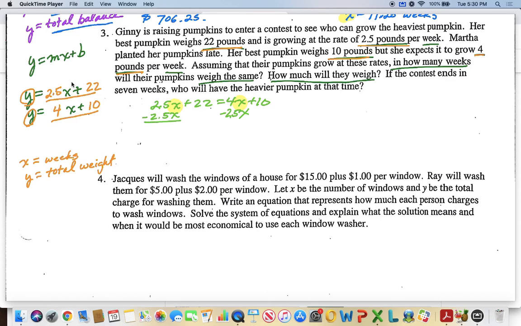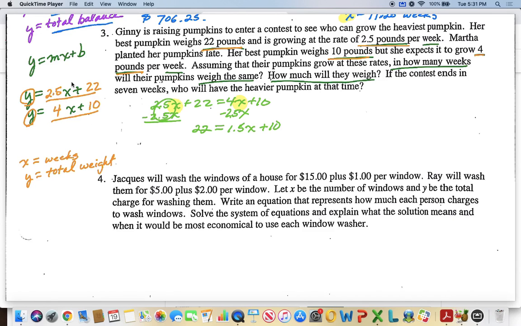Over here, we zero that out, and we only have 22 left on this side. And then on this side, we will have 1.5x left after we subtract 2.5 from 4. And we still have that 10, so I'll say plus 10.